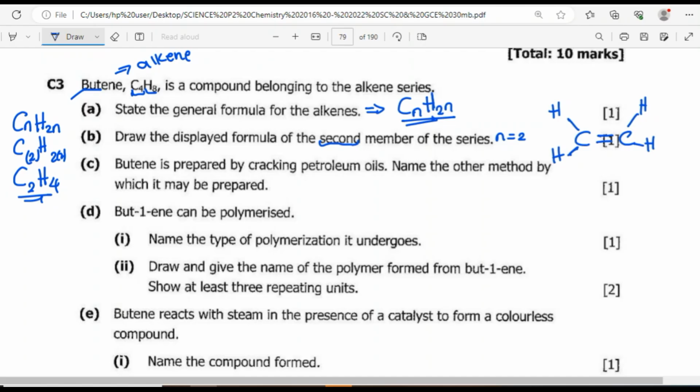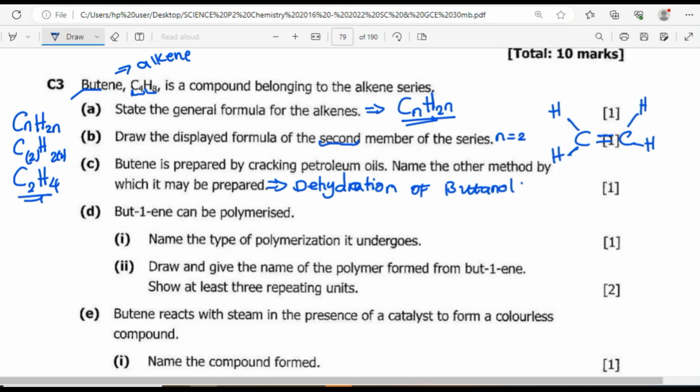Then for C: butene is prepared by cracking petroleum oils. Name the other method by which it may be prepared. So apart from cracking, butene can be made by dehydration of butanol.